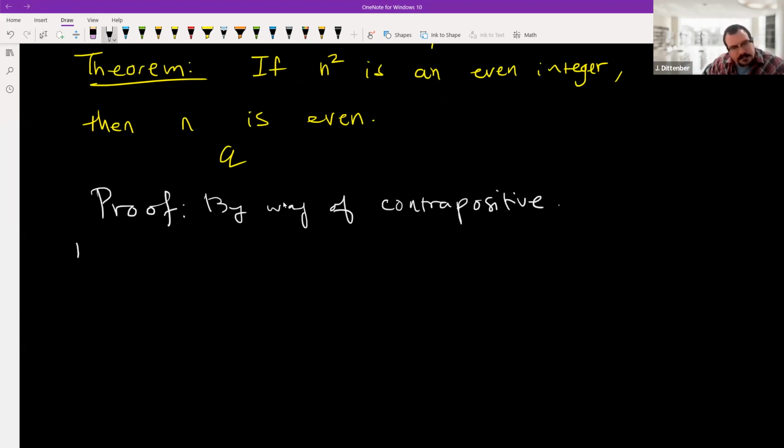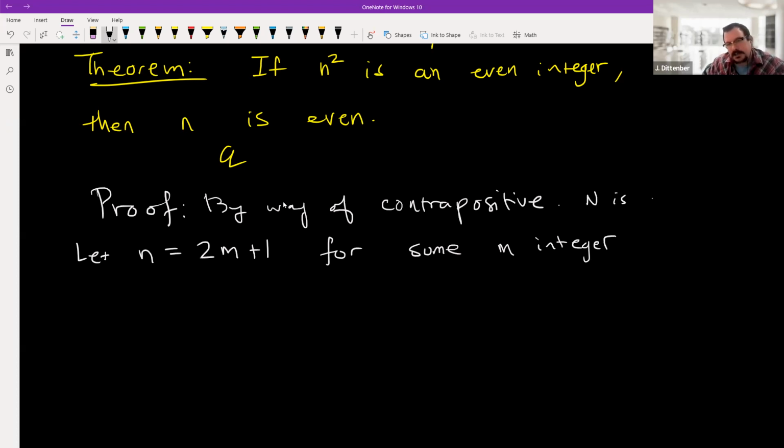We'll say, let n be equal to 2m plus 1 for some m integer. And we'll say n is an integer before we start. Okay, so n is an integer. Let n equal 2m plus 1 for some m integer.